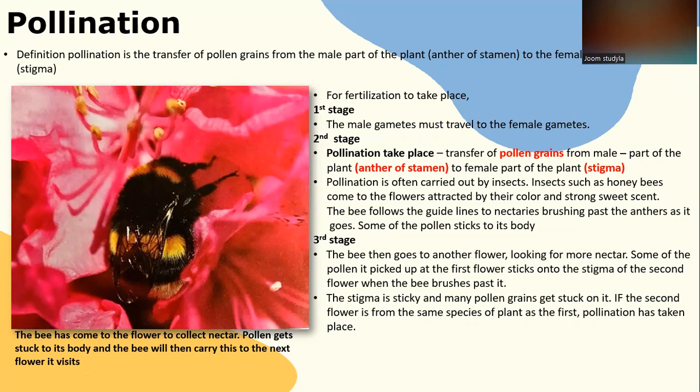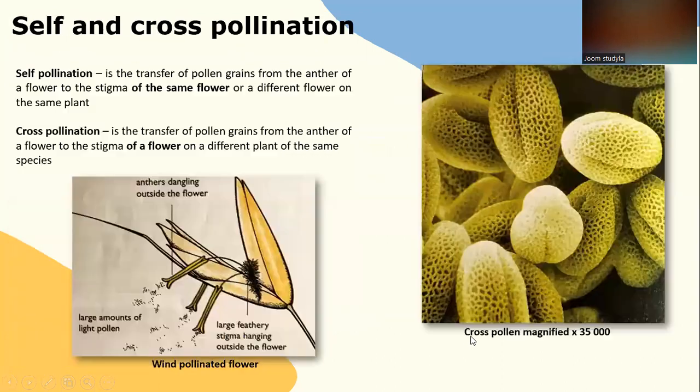If the second flower is from the same species of plant as the first, pollination has taken place. If you can see from the left, is where the bee is on top of the flowers. The bee has come to the flower to collect nectar. Pollen gets stuck to its body and the bee will then carry this to the next flower it visits.